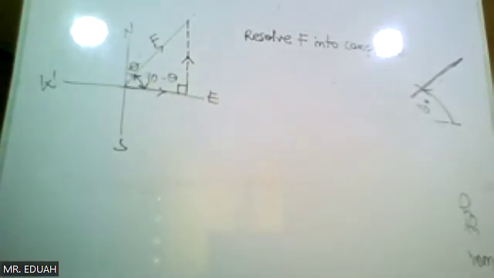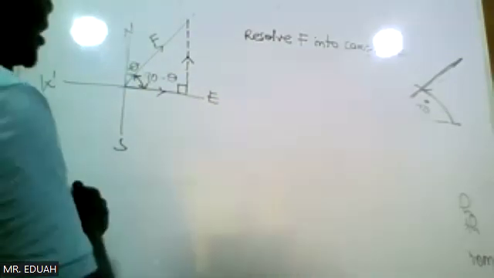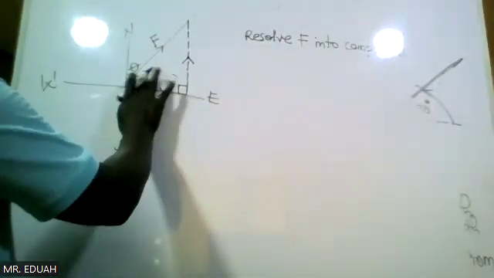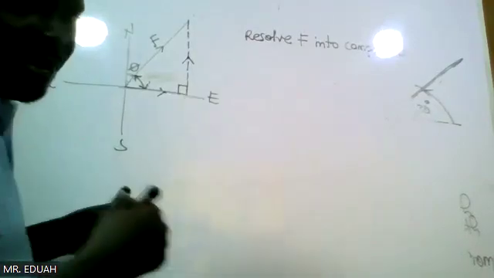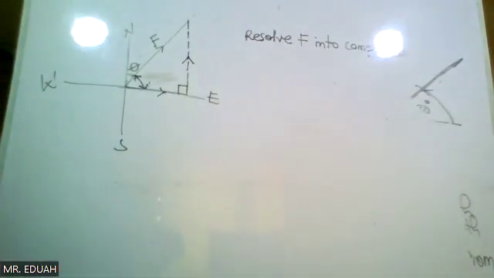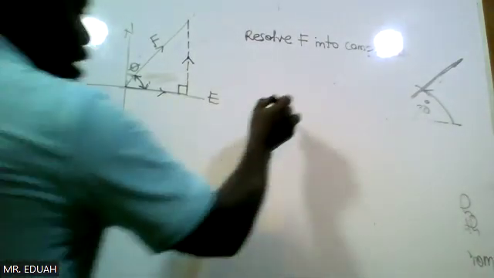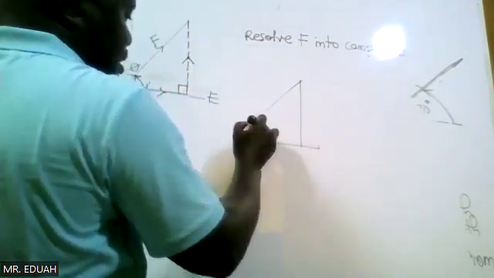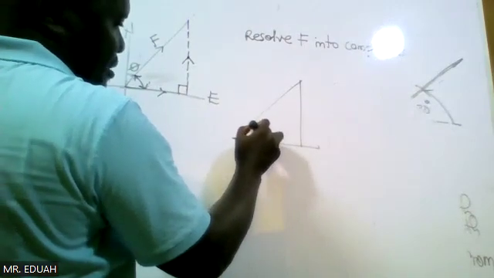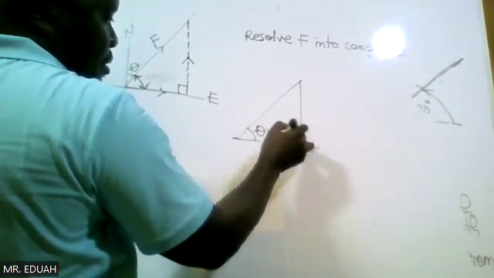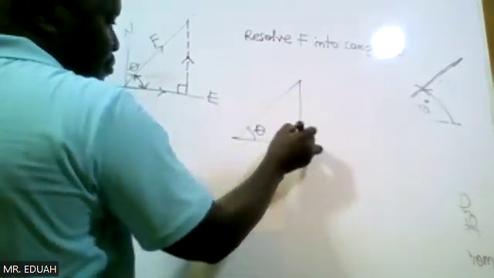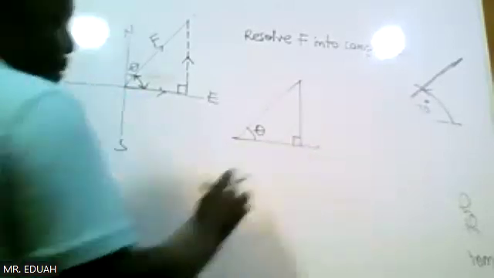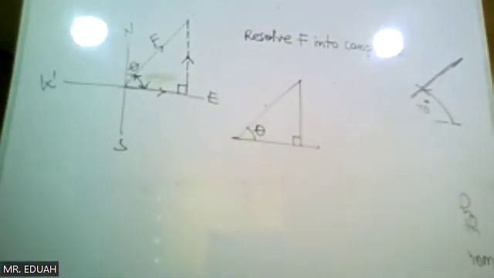Now, in trigonometry, let me treat it as if I'm teaching trig ratios. If you have a right angle triangle, you have an angle theta. The opposite is perpendicular to the adjacent.